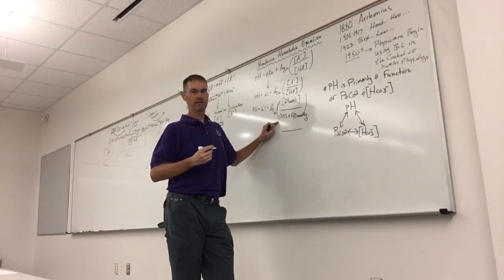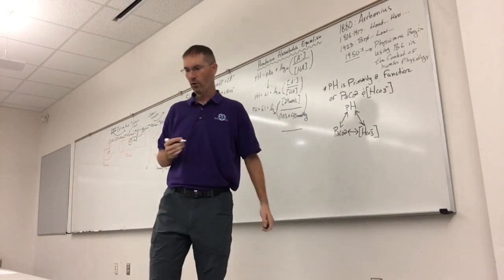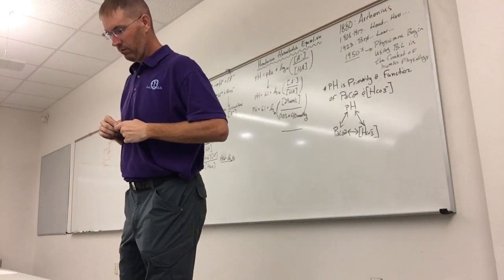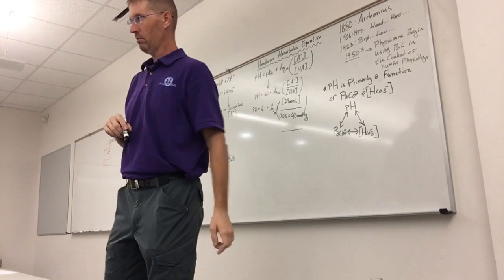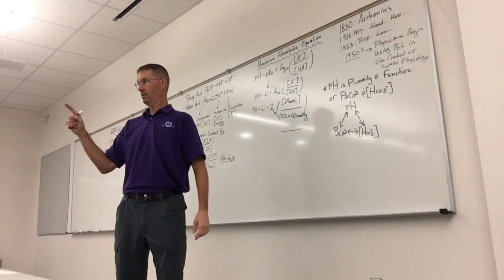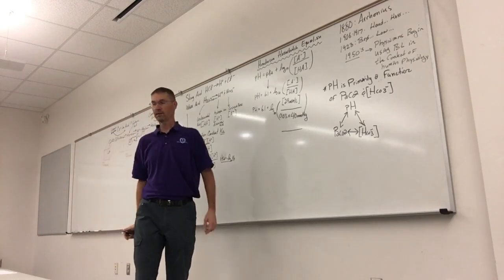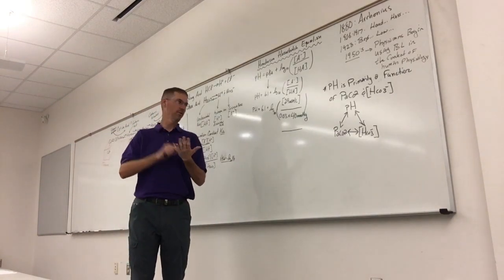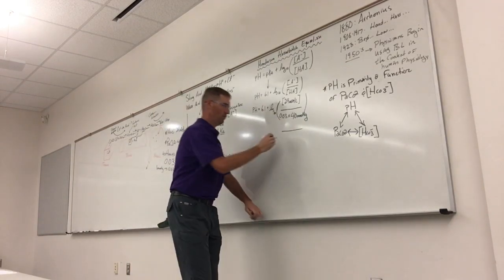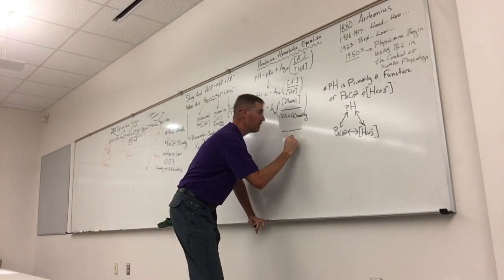Just use your calculators, it's fine. 1.2. Should be 1.2. Did you all get that? I want to make sure you all got it. 0.03 multiplied by 40 gives us 1.2.